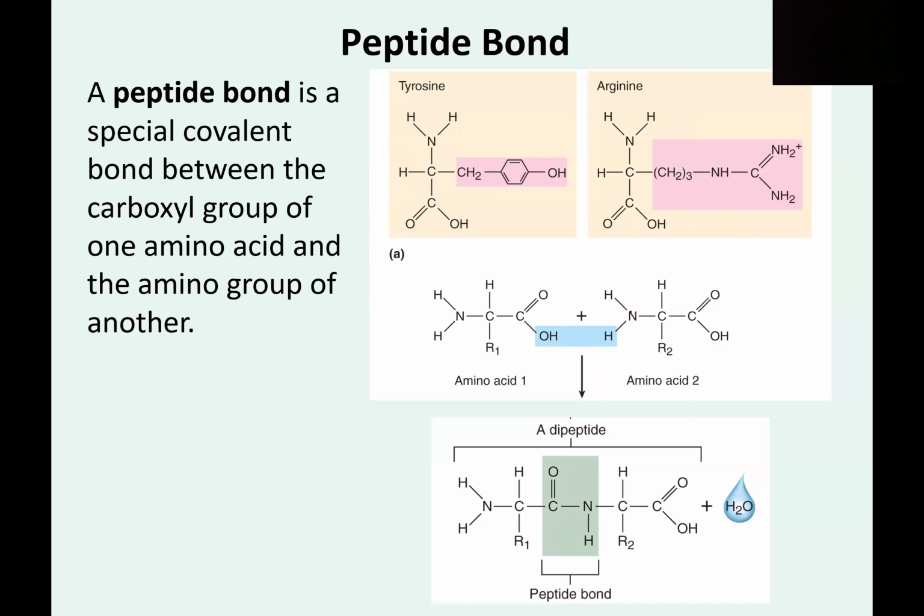The peptide bond is a special covalent bond between the carboxyl group of one amino acid and the amino group of another amino acid. So down here, highlighted in green, we see a peptide bond.